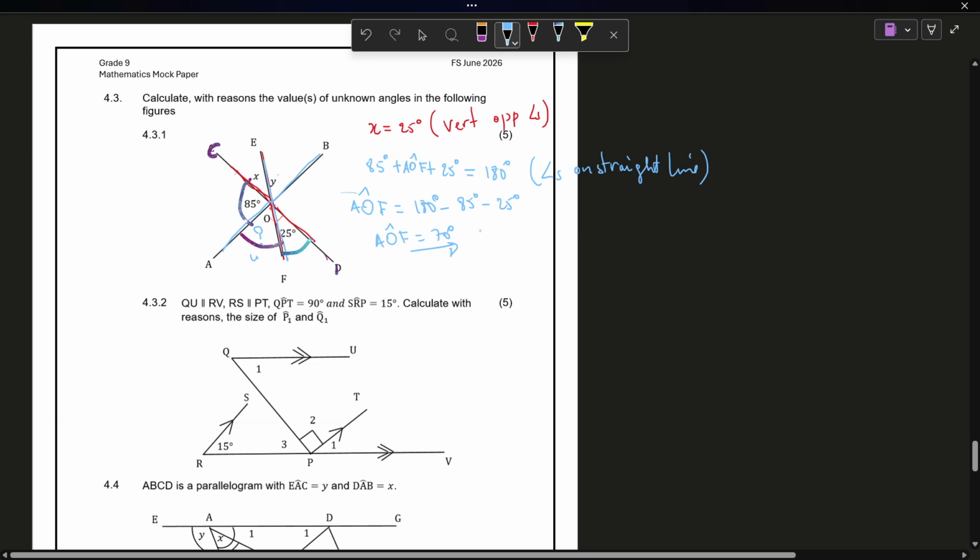So we found 70, and therefore we are going to say now angle Y equals this OAF equals 70 degrees, because also we've got vertically opposite angles. Because we managed to find this angle here. Now we'll say that the top one, Y, equals this angle AOF because of this reason, vertically opposite angles.